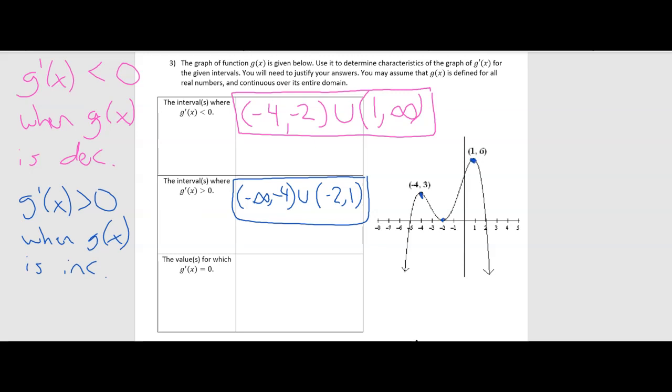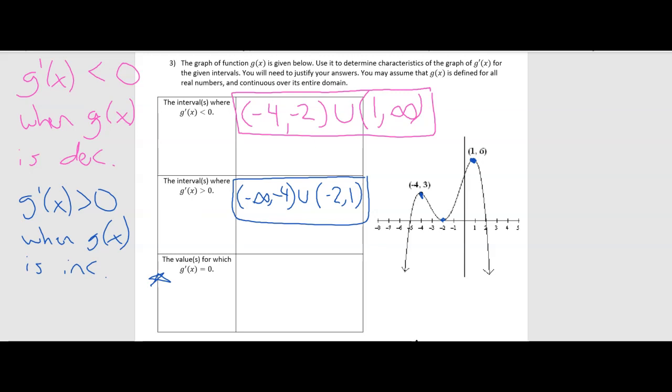We haven't included those in any of our intervals, so we still need to discuss what's going on. If we come down here, we need to figure out the values for which g prime of x is equal to 0. So think about, again, g prime is our derivative, which represents the slope of the tangent line to the graph. So where would the tangent line have a slope of 0?